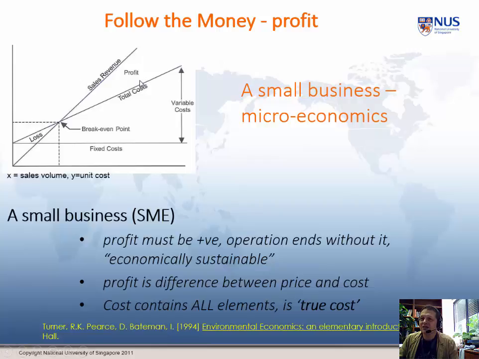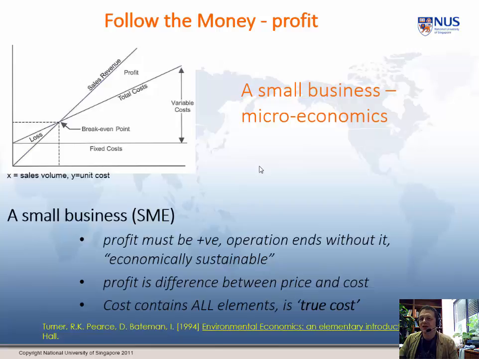Up here, your costs are lower than your income, therefore you're running in profit. And there is the magic point, at which your income matches your outgoings, or your sales revenue matches your cost. That's your break-even point.